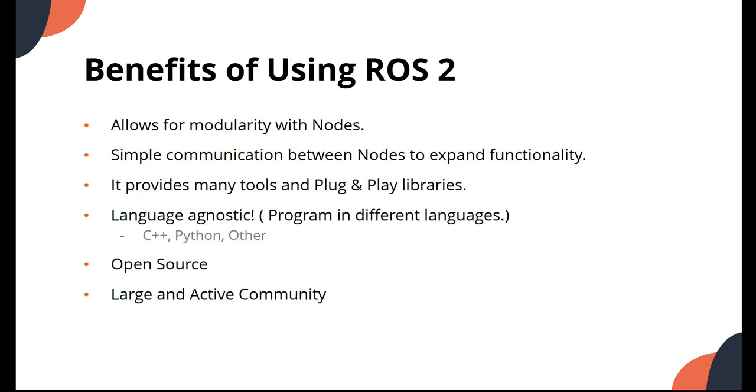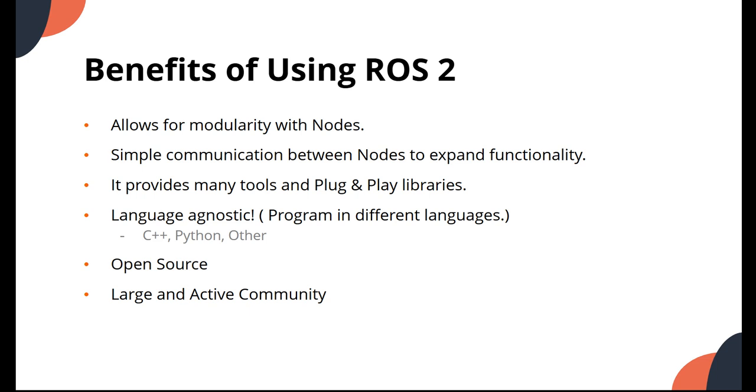There's a lot of libraries that you can just plug and play and use. So you don't have to waste years to become a very knowledgeable mathematician to be able to create these algorithms. Most likely there will be something out there that you can learn in a couple of days, learn how to implement it with ROS, and still accomplish the same goals of getting your robotic platform to do what you need it to do.